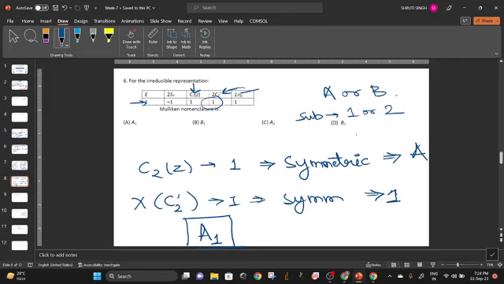Had there been a molecular plane, we would have written prime or double prime based on whether it is symmetric with respect to sigma h, if it is 1 or minus 1. But this thing is not there, so this should be the answer.